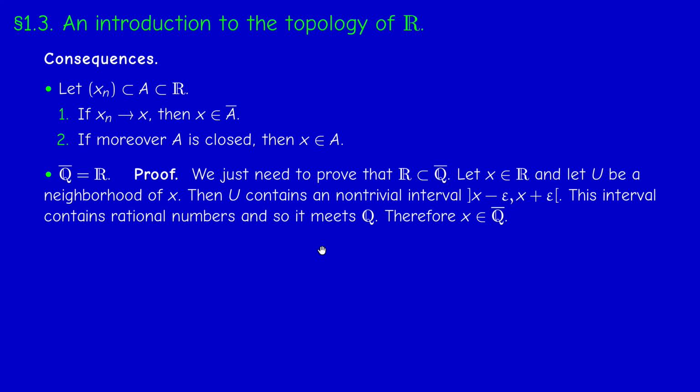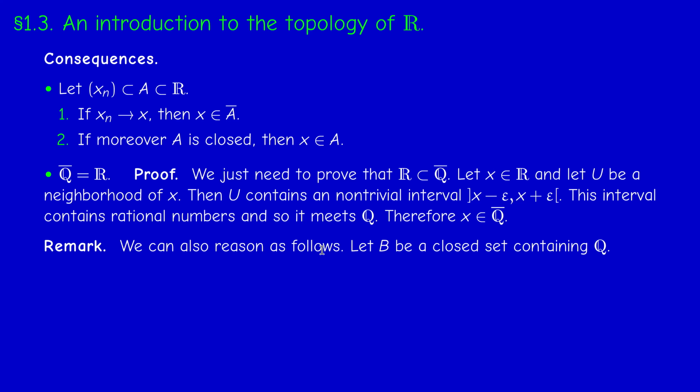Now there's another proof that doesn't use proposition 1.6, just going back to the definition. So, second proof. Suppose that B is a closed set containing Q. Then the complement of B is contained in the complement of Q, right? Now, if B is closed, the complement of B by assumption is open. So we have an open set contained in the irrational numbers.